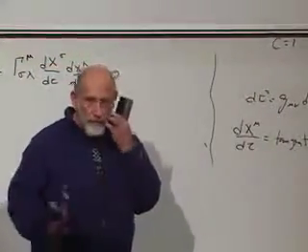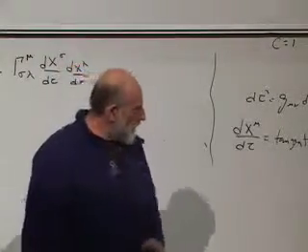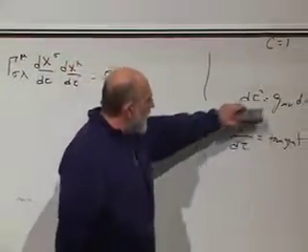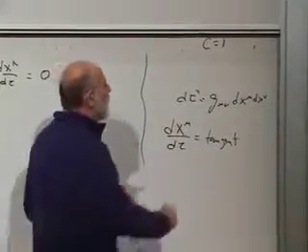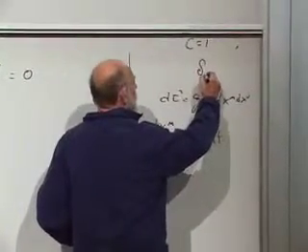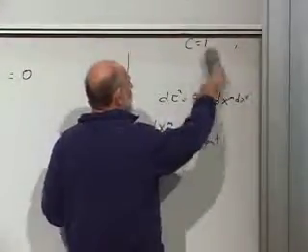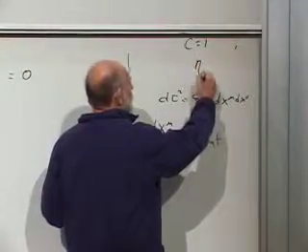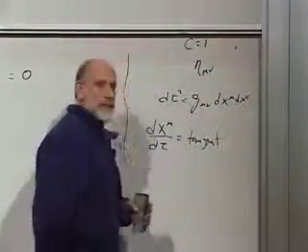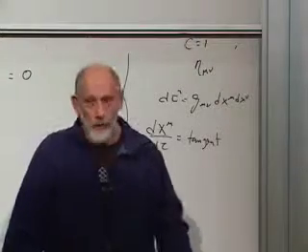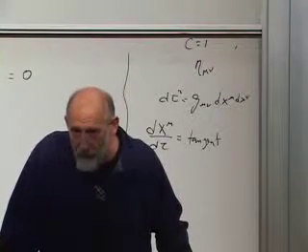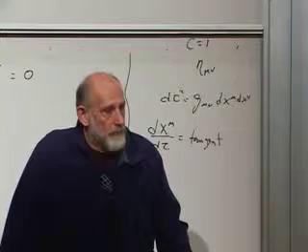Okay, there's an assumption involved there, and I'll tell you what the assumption is. The assumption that's involved is that g mu nu is almost equal to eta mu nu. Remember what eta mu nu is? It's the metric of special relativity. Right? So there are two assumptions.